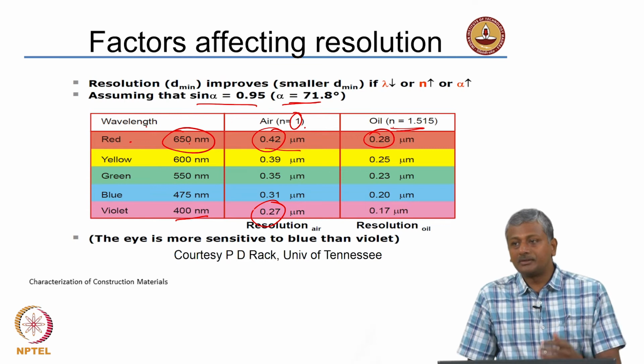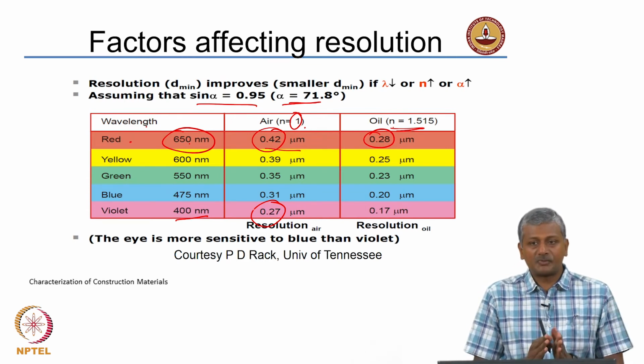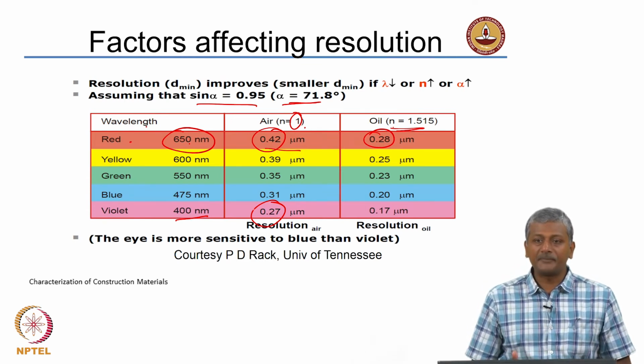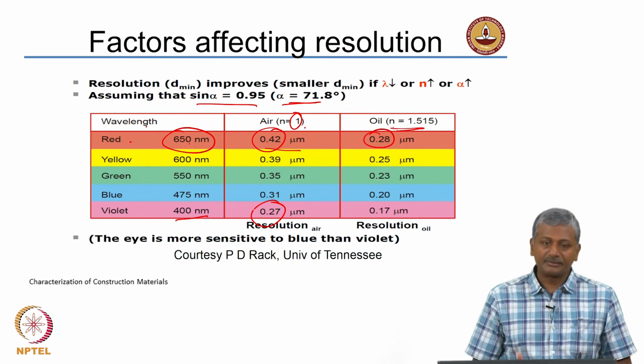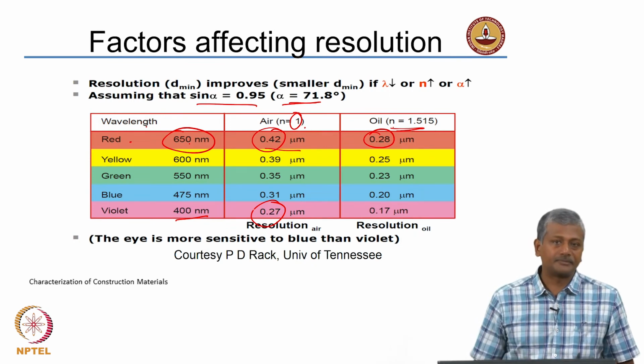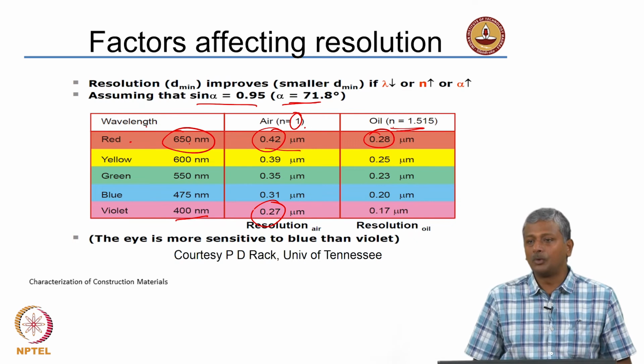So, we are reducing by 30% the distance between the two objects by simply using violet light instead of red light. If you are using blue or violet filters, your resolution is going to get enhanced, you will be able to image objects which are much closer than otherwise.